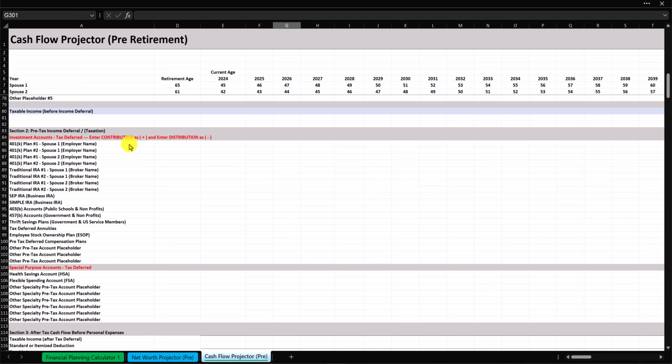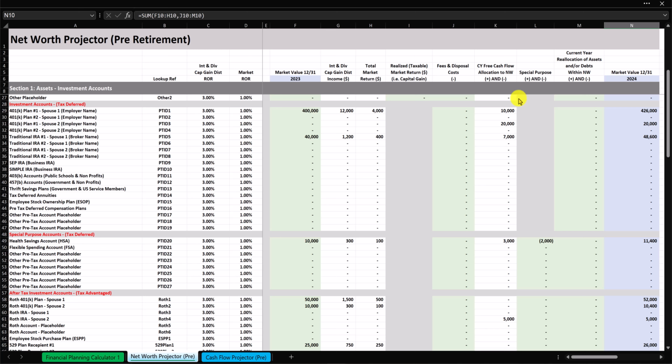In addition to that, when there is a contribution here, the value of that contribution will be taken over to the net worth projector tab, and it's going to go right here into this column, the free cash flow allocation to net worth. The value of the items, as we went over in video 1, will increase our net worth by going into this column for the pre-tax accounts right here.